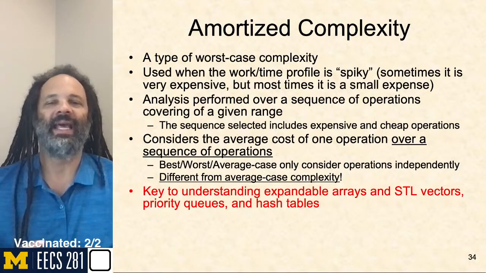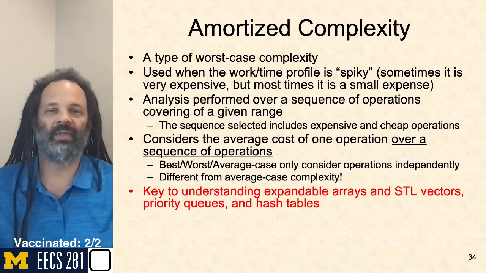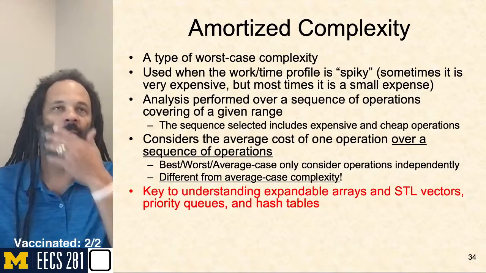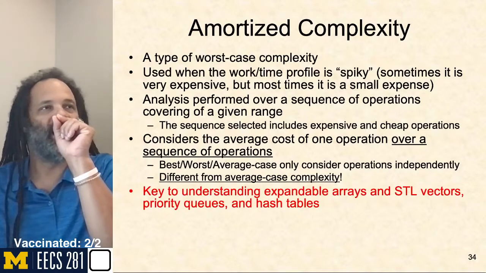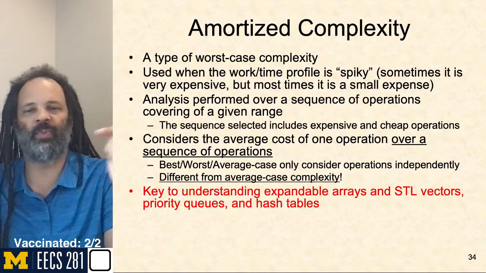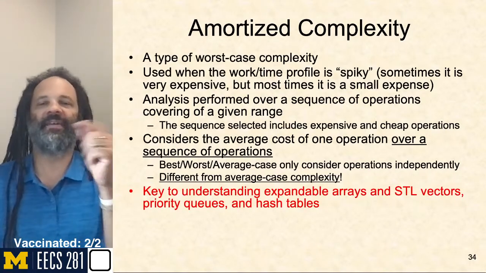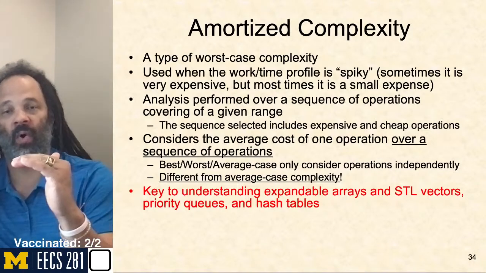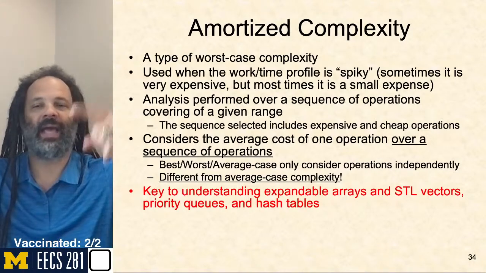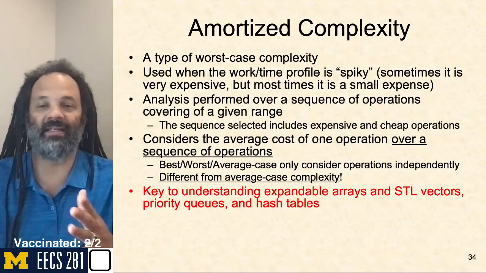So the way we do this is we perform this analysis over a sequence of operations. So we say, let's go from when I have a full container and push, push, push, push, push until it's full again. So if I fill it up at n, and I say I want to push one more, now I've got to double n, copy those n things over, and I've got n spaces now because it goes from size n to size 2n.